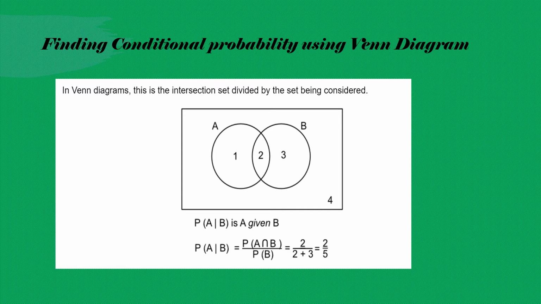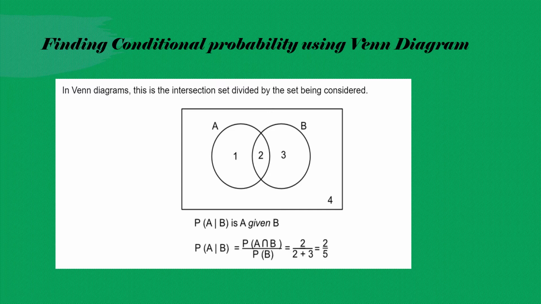We can also find the conditional probability using the Venn diagram. Now, if I have a Venn diagram like this, where I have the intersection of the two sets A and B as 2, and only in A I have 1 and only in B I have 3. The complete set A will be outcomes 1 and 2.